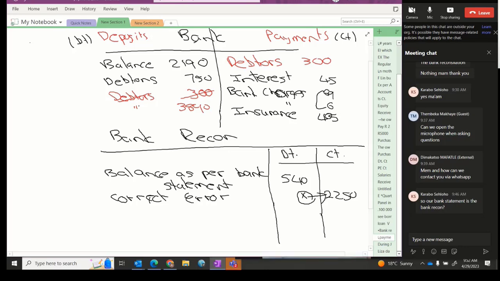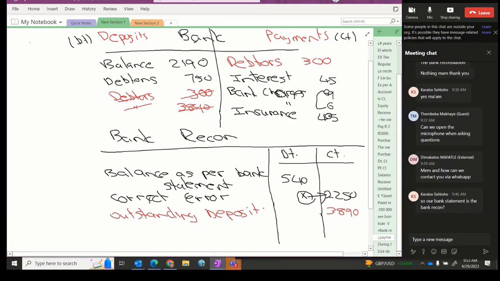I'm going to do it with red so that you can see. So it's not going there. It must go to the bank recon, and then you just say outstanding deposit. It doesn't really matter. Maybe that's also answering your previous question.